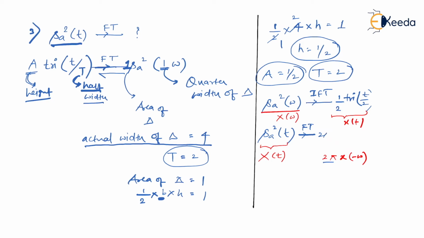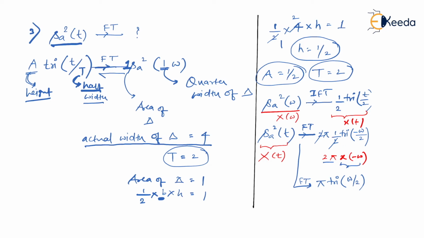So 2 pi is constant, we have it by default. Then for x of minus omega, write your x of t where t is replaced with minus omega, so it becomes half a triangular function of minus omega by 2. Here 2 gets cancelled, and finally the Fourier transform is pi triangular function of omega by 2 only.